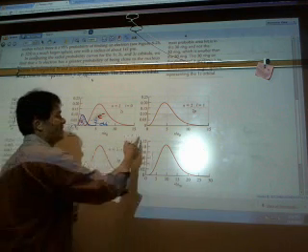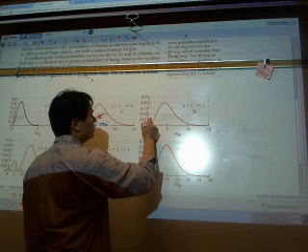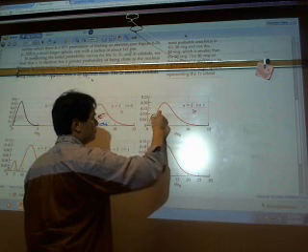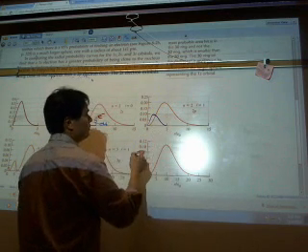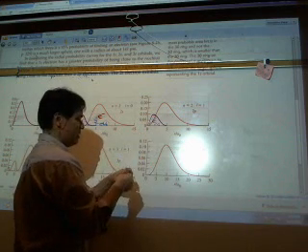Well, that happens whether the electron is in a 2s or a 2p, doesn't matter.